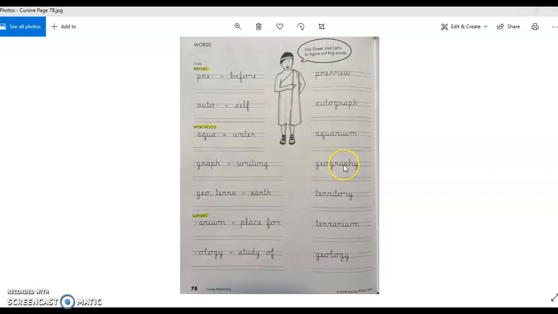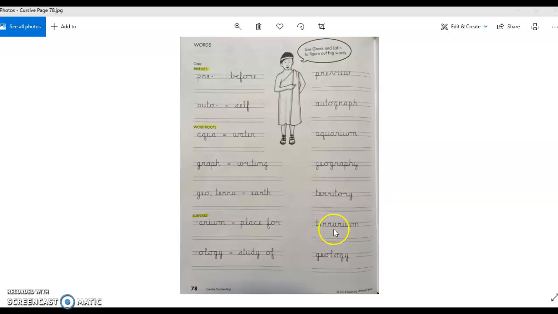Geography would be like maps, and topography, which covers like mountains and canyons and things like that. So geo, earth, graphy, write. Terra, which is earth, tori. We don't have tori, but this would be an area of earth, territory.